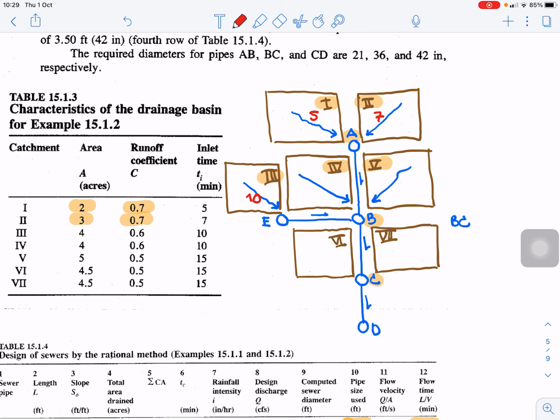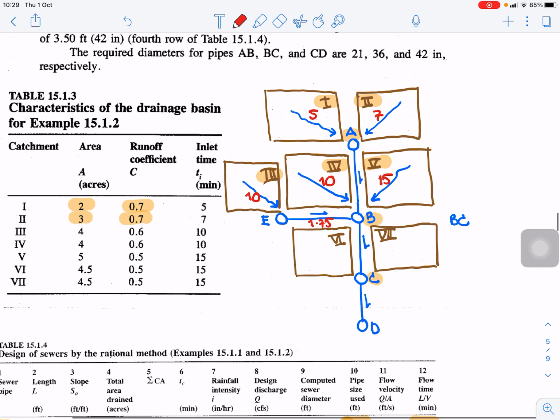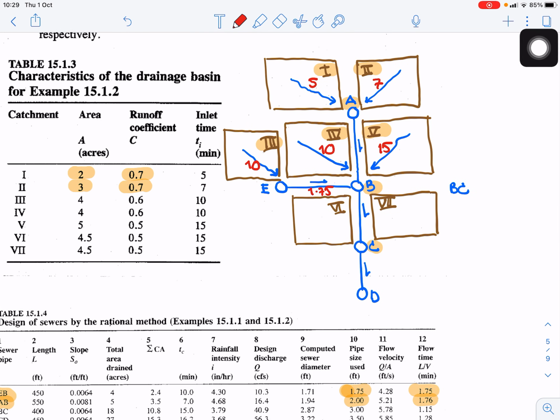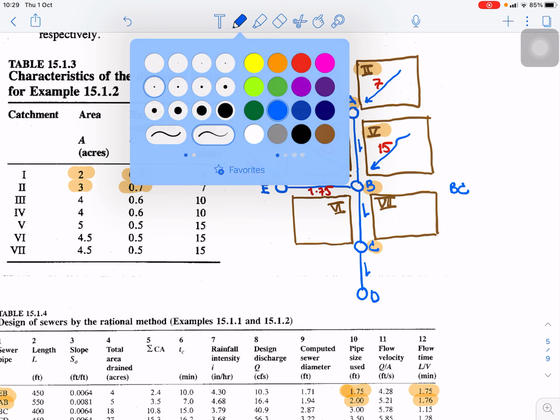But the flow time from the pipe flow is 1.75, and for catchment 4 it is 10 minutes, and for catchment 5 it is 15 minutes. That is the time of concentration from the different parts, so we can check which one is the largest.